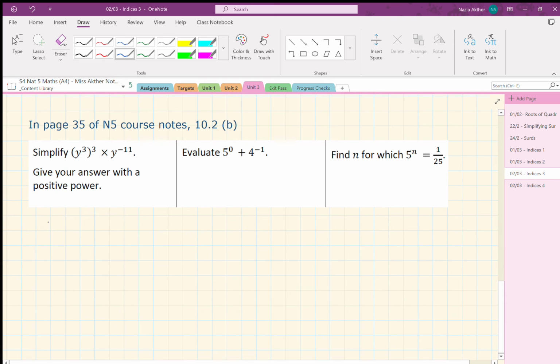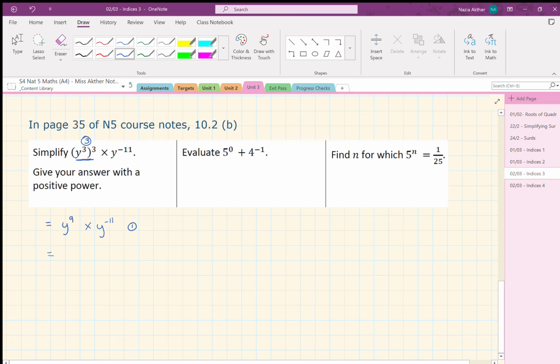So the first thing I'm going to do is work out this here. A power is being raised to another power. So this is rule number 3 in your course notes. And when we raise a power to a power, we're multiplying the indices. So then that becomes y to the power of 9. And then we've got times y to the power of negative 11. So now we are going to use rule number 1.